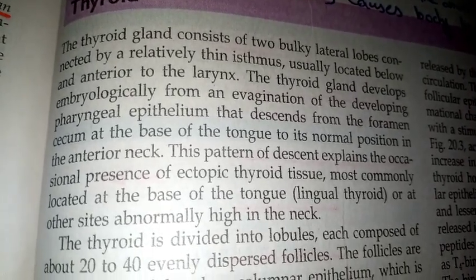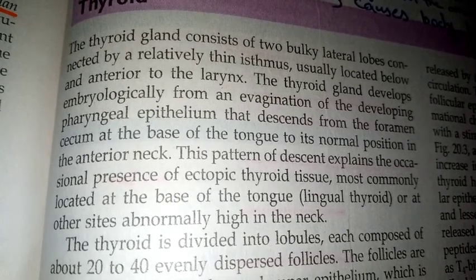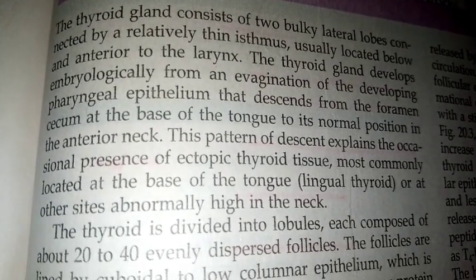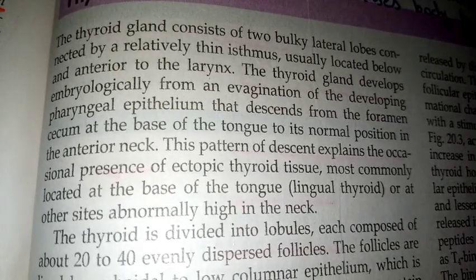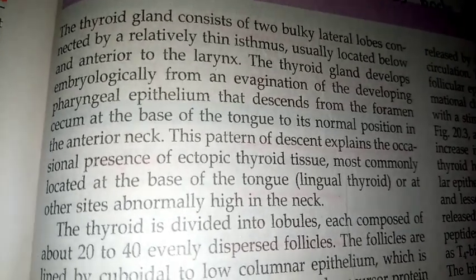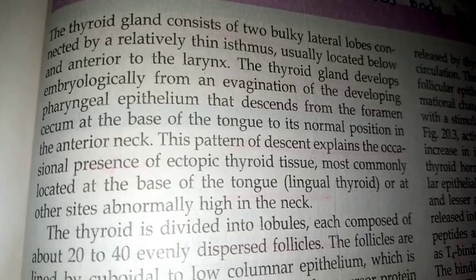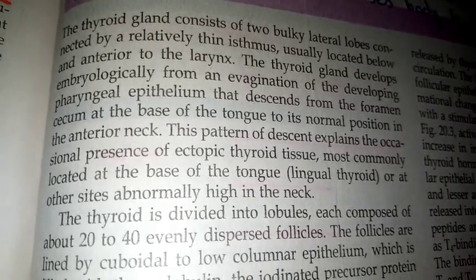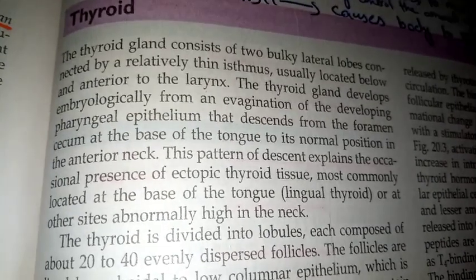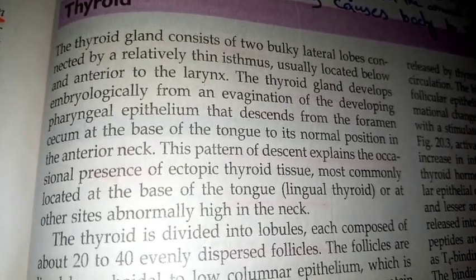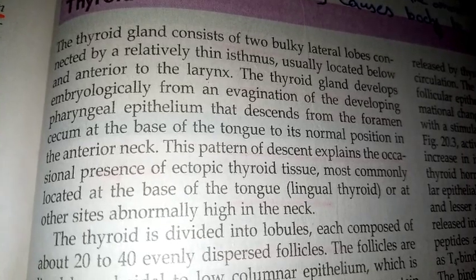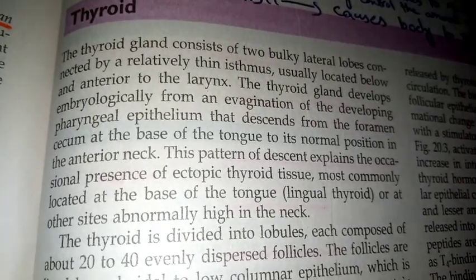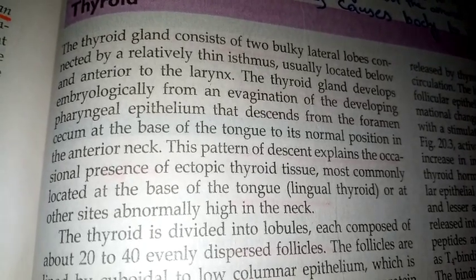The thyroid gland develops embryologically from an invagination of developing pharyngeal epithelium that descends from the foramen cecum at the base of the tongue to its normal position in the anterior neck. Basically, they are telling about the anatomy of the thyroid gland. It contains two lobes located anteriorly, below the larynx, with a thin isthmus.